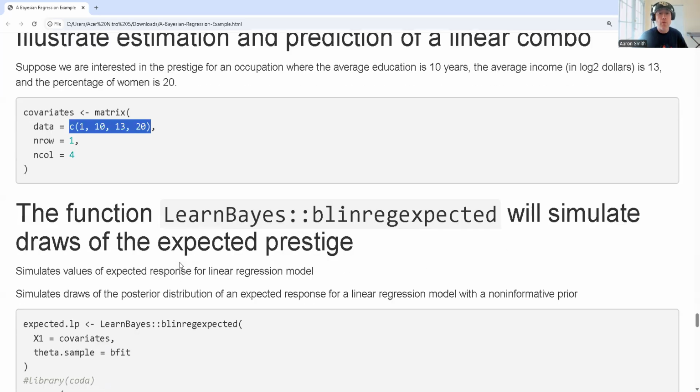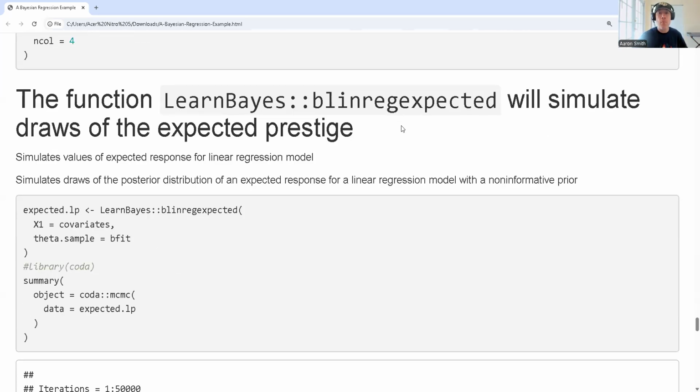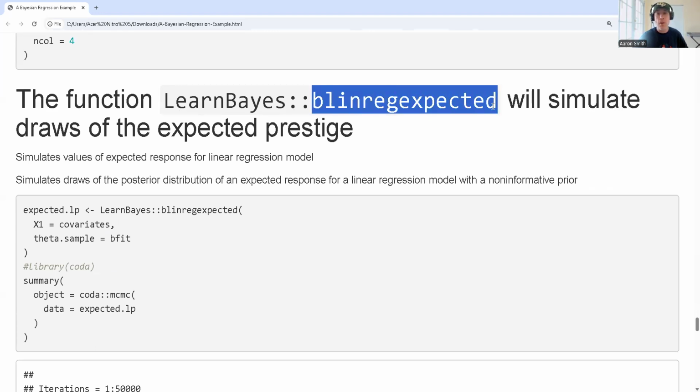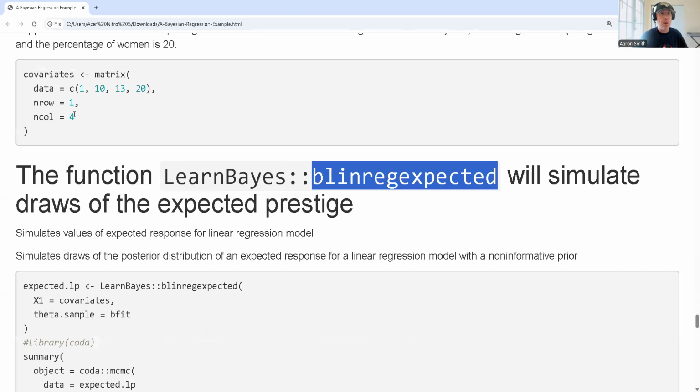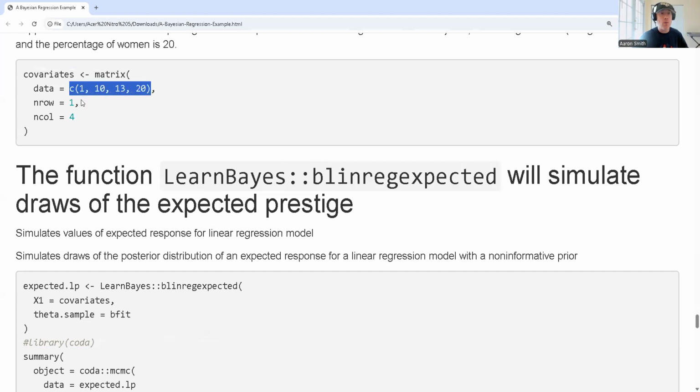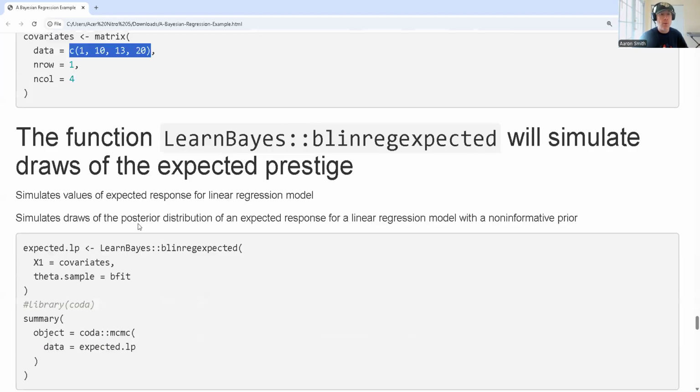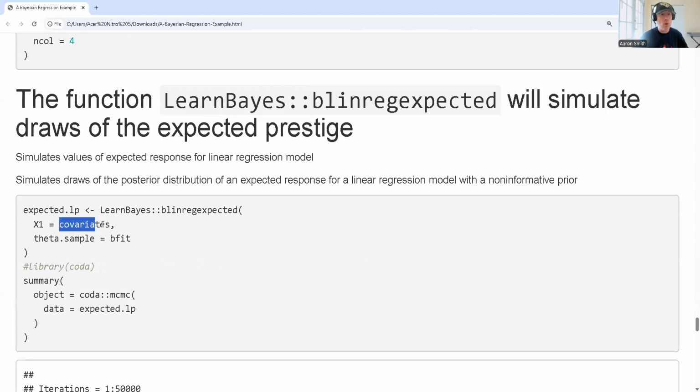First and foremost, let's estimate the expected value. So we're going to have the Bayesian linear regression expected value for an occupation with these values of the covariates. I put the covariates in, and I've got my fitted Bayesian regression model. Here is an interesting point, because now I'm kicking off a Markov chain Monte Carlo.